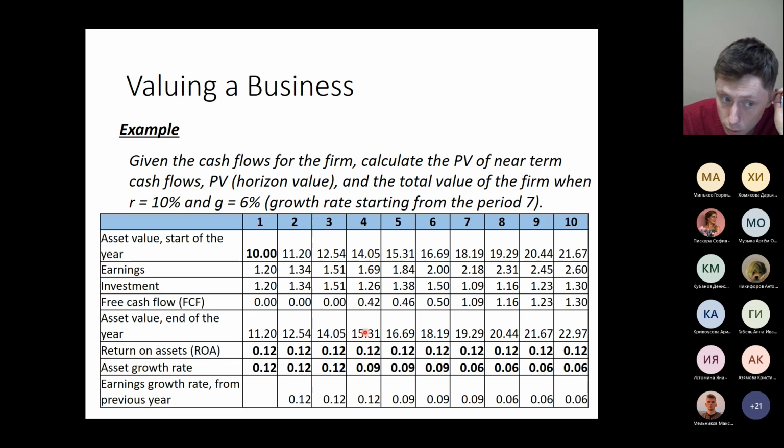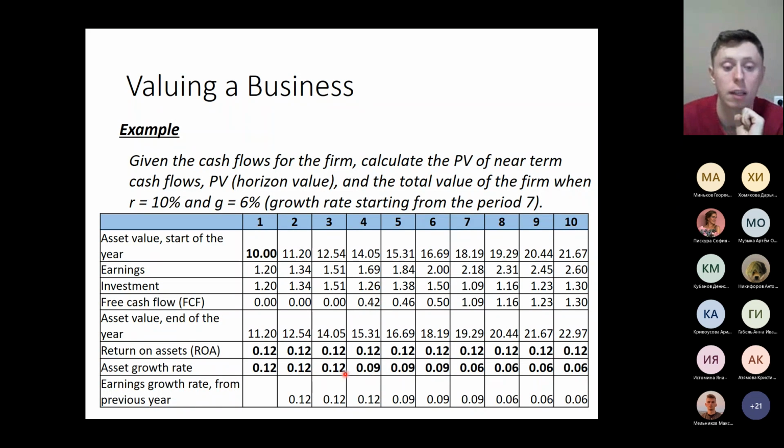And the difference between earnings and the increase in the asset value would be the free cash flow. In other words, free cash flow plus investment always equals earnings.